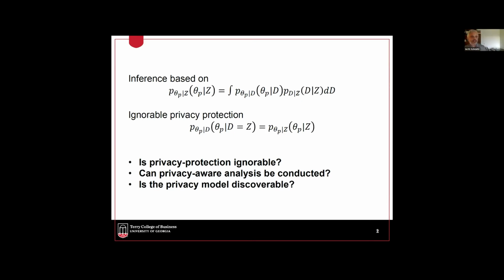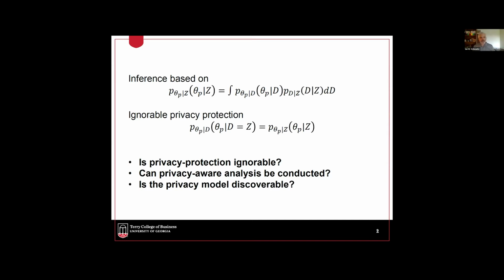And so we can characterize ignorable privacy protection here as just saying that privacy protection is ignorable in exactly the case where the posterior distribution for the process parameter given the published data is exactly equal to the posterior distribution for the process parameter given the true data, when the true data happen to be equal to the published data.